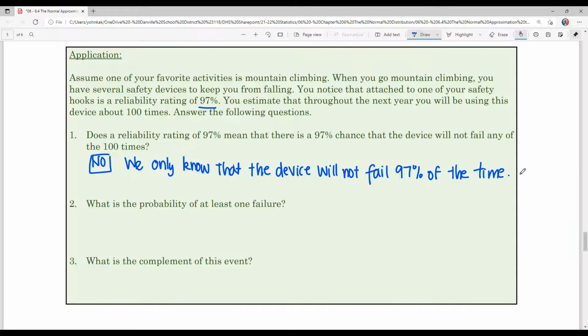We have no idea if that means it's going to fail 3 of 100 times. We just know on average that it will not fail 97% of the time.